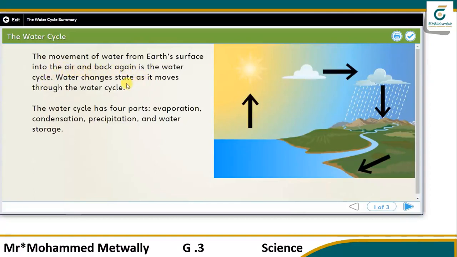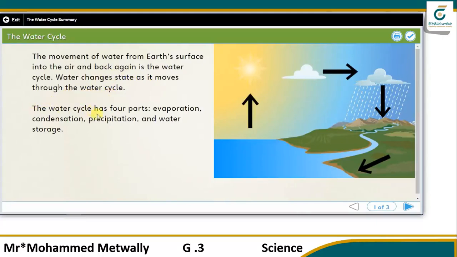Water changes states as it moves through the water cycle, like we said about the drop of water. State here means its form. The drop of water changes its form as it moves through the water cycle.